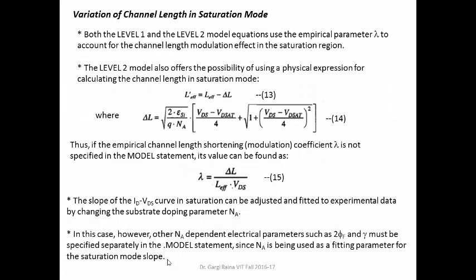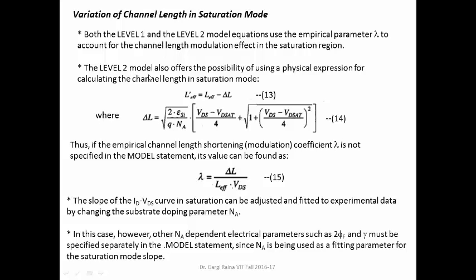Next, we look at the other parameter, variation of channel length in saturation mode. So both level 1 and level 2 model equations use the empirical parameter lambda to account for the channel length modulation effect in the saturation region.